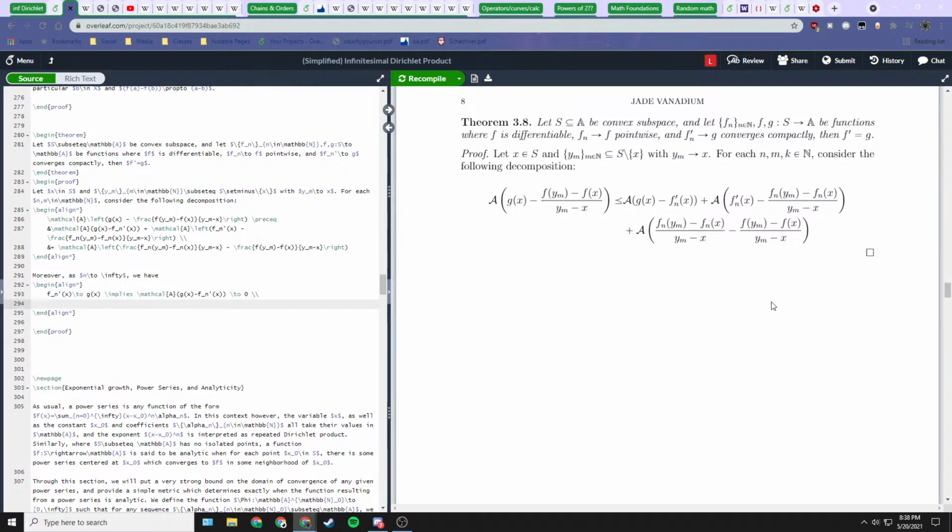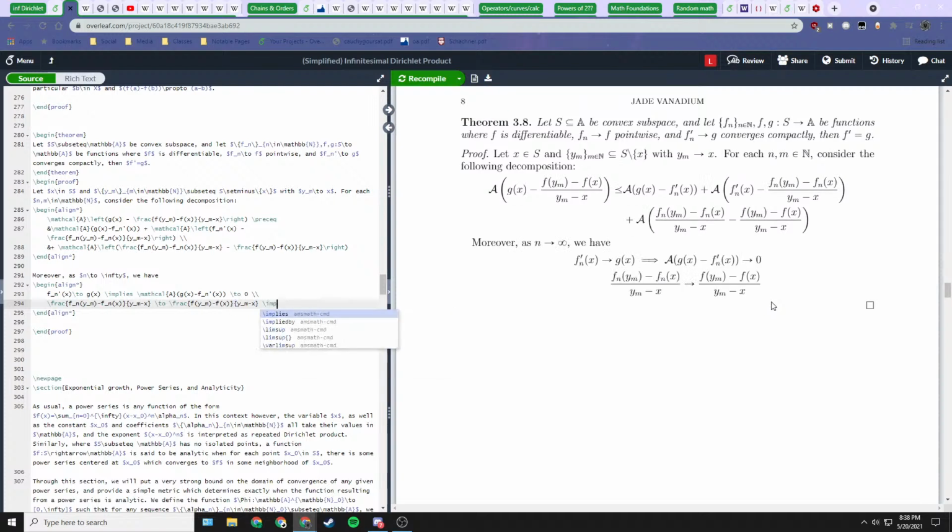And we also have f sub n of y sub m minus f sub n of x over y sub m minus x goes to the same fraction, but we don't have any m's. And that implies that this term goes to 0.